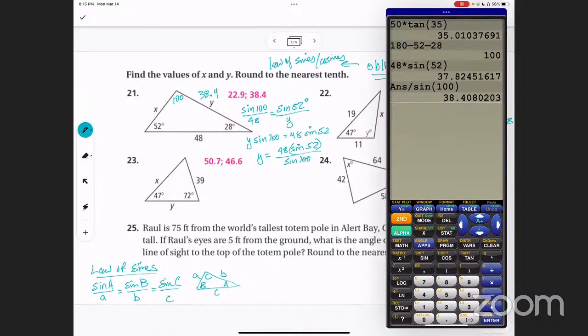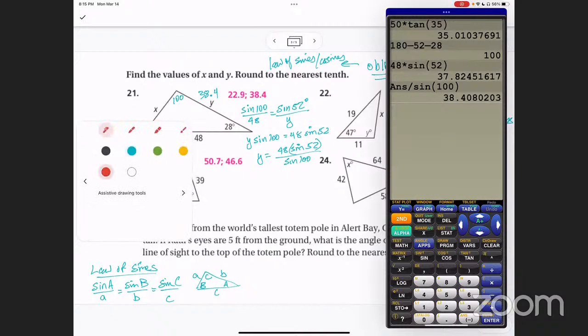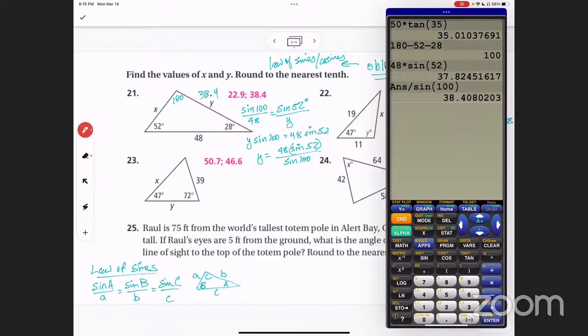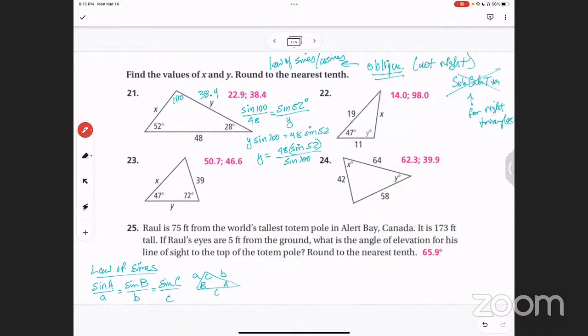Now to find x, what should I do? Well, look at how I found y. I set up a proportion using the law of sines. Can't I do the same thing for x? Right.